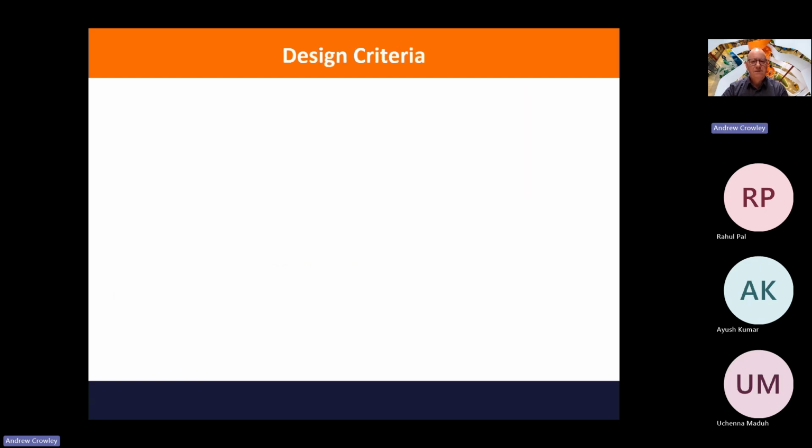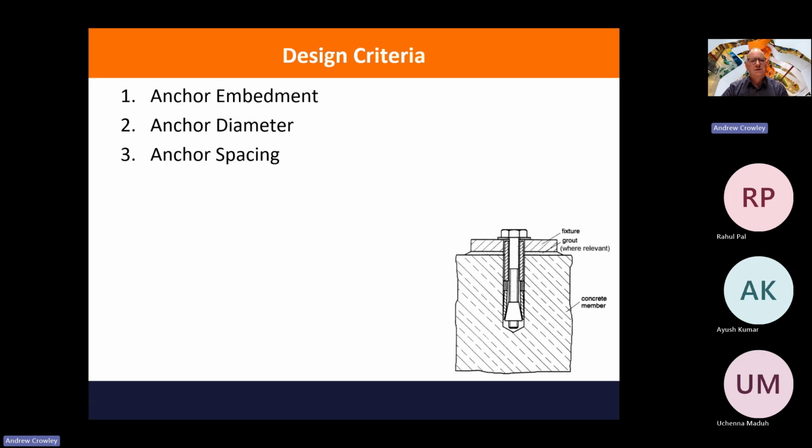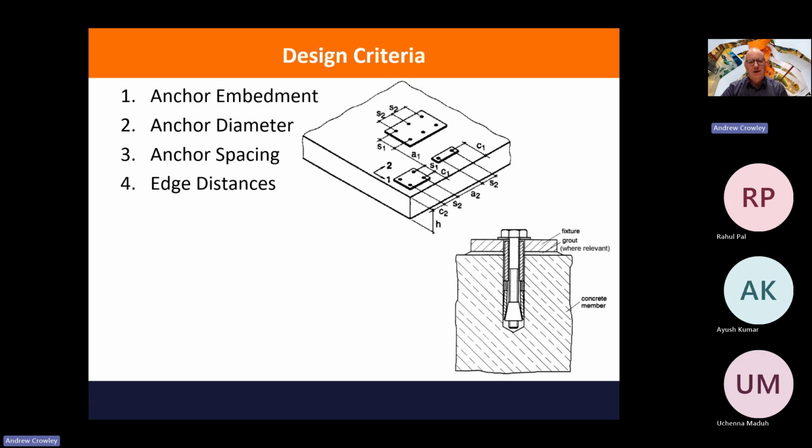The design criteria for anchors, well, the first obvious thing is how deep is the anchor? It's the anchor embedment. How wide is the anchor? So your anchor diameter and the anchor spacing. So that's all to do with the physical properties of the anchor. The more subtle criteria is how close are you to the edge?